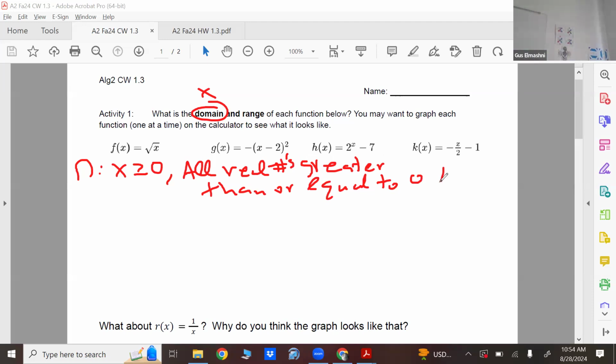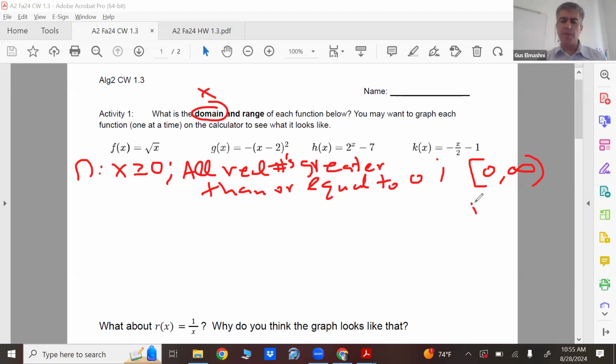Easier on the eyes. Easier for you guys to write. But if you want to be explicit, that's cool too. That works. There's also another way you could write it as well. And I'm really going to emphasize this a lot this year because apparently this is the expectation for the pre-calculus students, and some pre-calculus students are kind of struggling because we didn't emphasize this enough in this class.